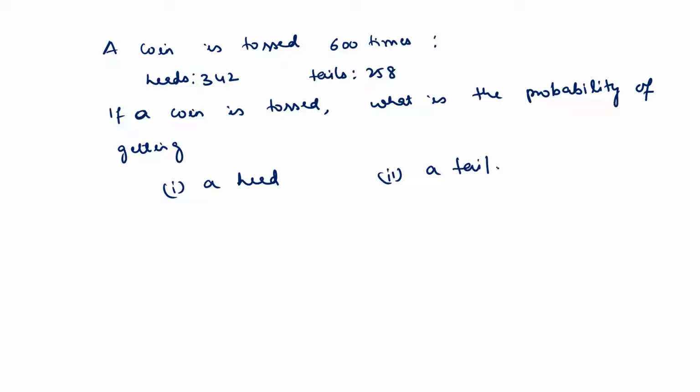Heads showing up will be 342 times. Tails showing up will be 258 times. If a coin is tossed, what is the probability of getting a head?